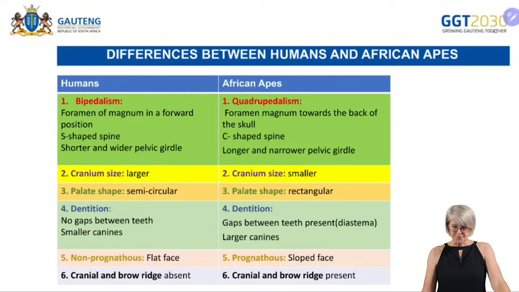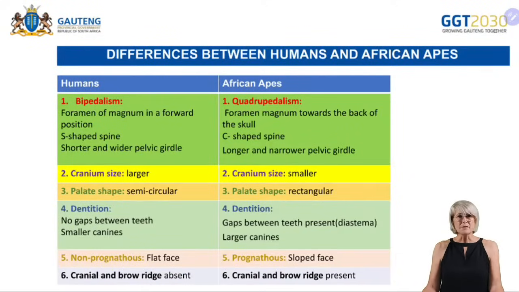All right. Now when we look at the differences between humans and African apes, we know that humans are bipedal. And remember, bi means 2, whereas African apes are quadrupedal. Quad means 4. So humans walk on 2 legs all the time, whereas quadrupedal organisms would walk on all 4 limbs.